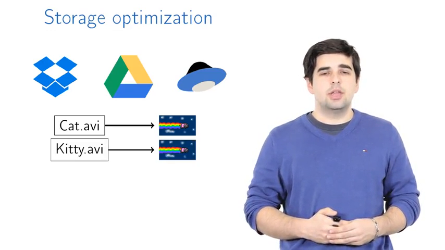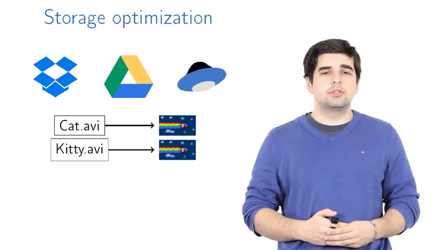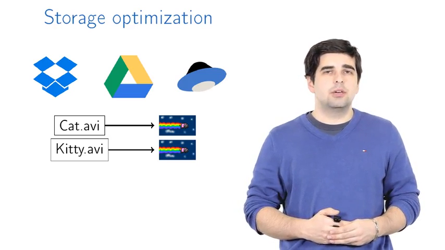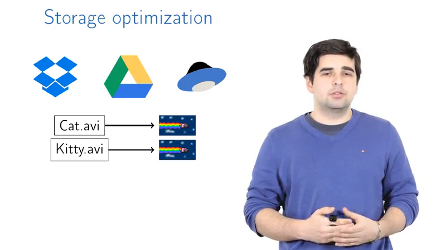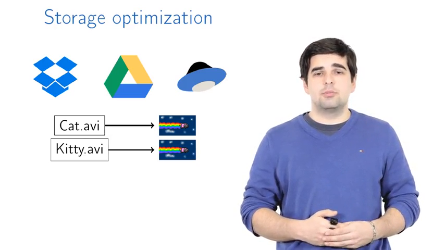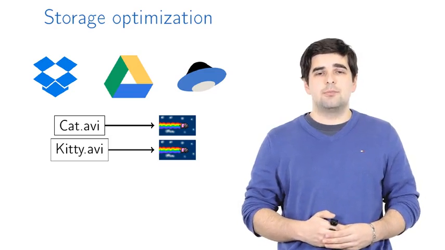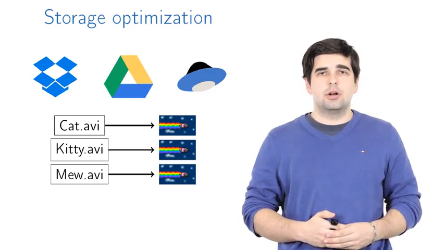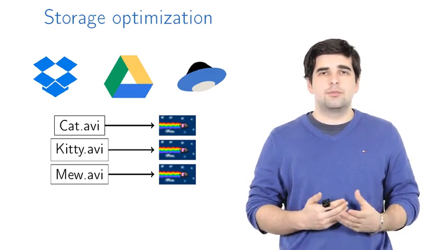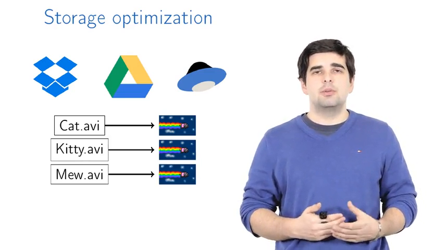And then another user also loved this video file. He may have called it a different name, but still uploaded exactly the same video to his Dropbox account. And then another user also uploaded this video, because it was a viral video and many people liked it.